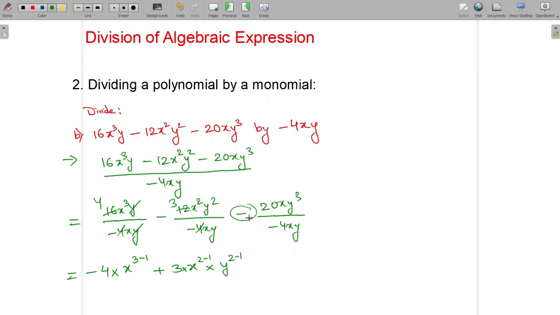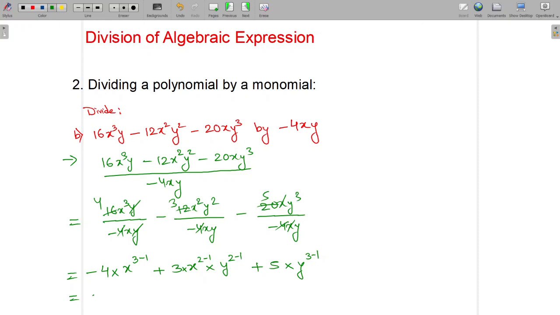So again the sign, minus minus will become plus, 4 5s are 20, so 5 will come out here. Now x divided by x, so x will get cancelled, see, so y cube by y, so the power will get subtracted, 3 minus 1.